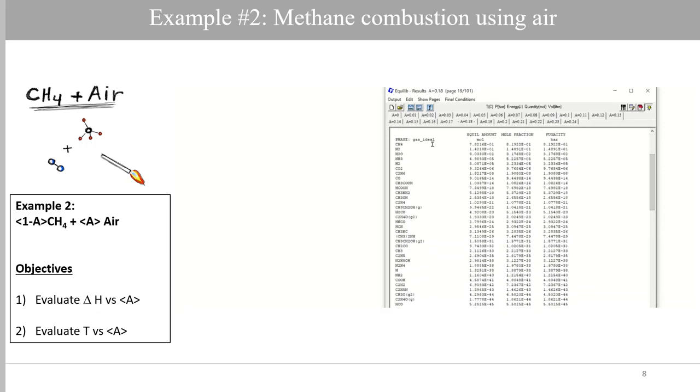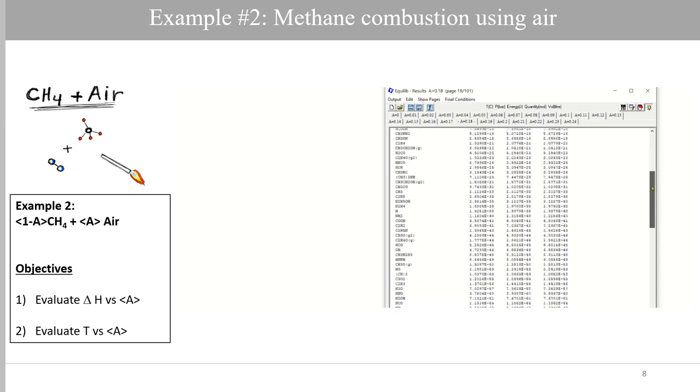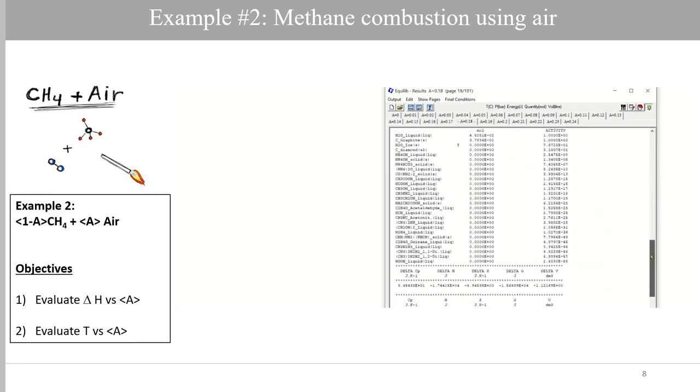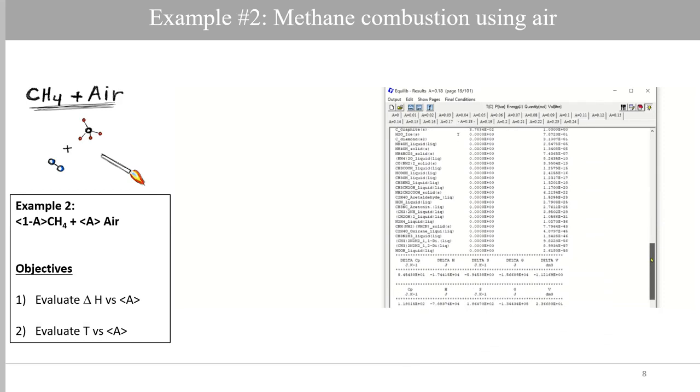So there are some chemical reactions, and you can see the dominant species of my system. So you have CH4, N2, H2O, etc. If you scroll down, you'll be able to see the other phases that might form upon the chemical reaction. What is also really important is to look at the delta H of this reaction, which is highlighted here at the moment.